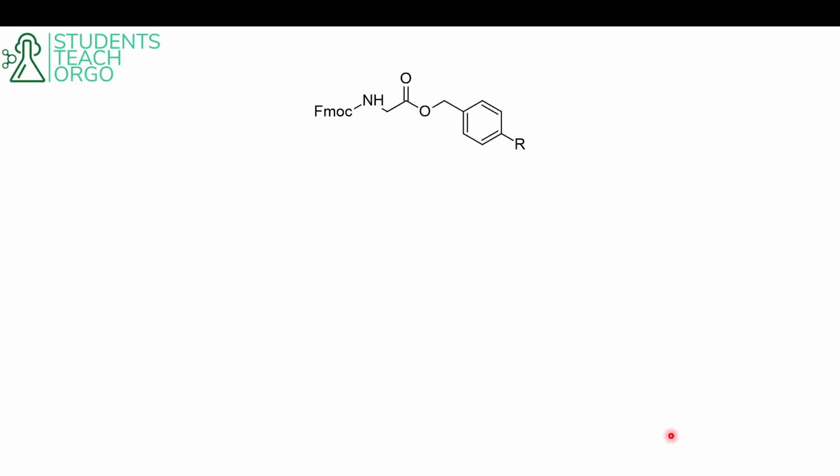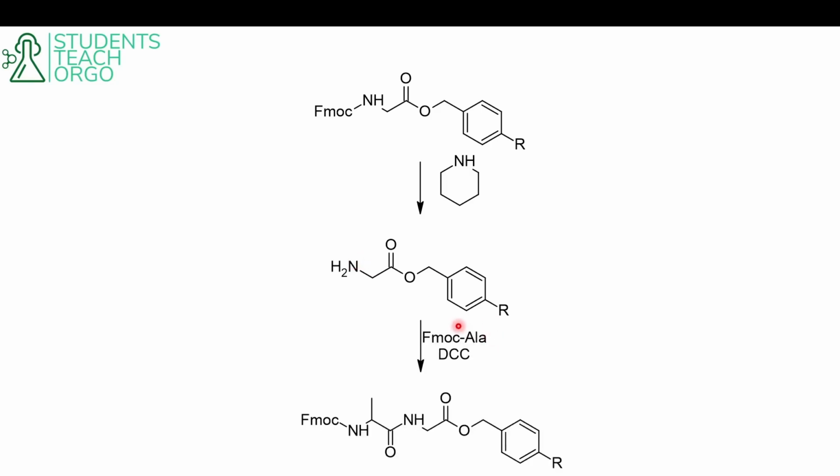From there, we can go ahead and remove the FMOC group. This is done with piperidine, which is a base. This is a base labile group, and so that will take the FMOC off. Now we have this free amine group that we can react new amino acids with. To do that, we use another FMOC protected amino acid.